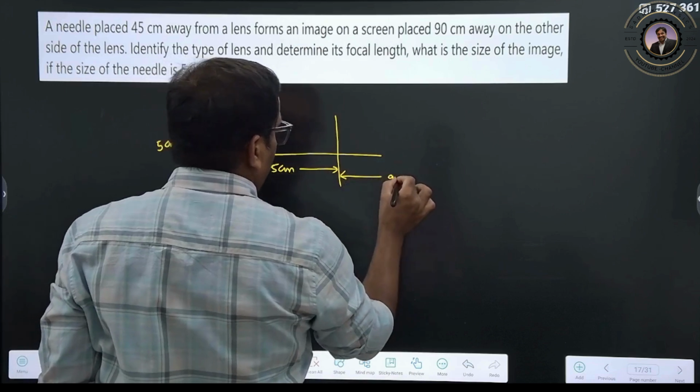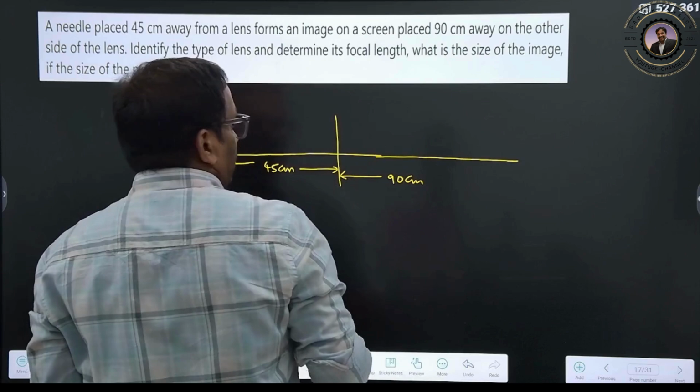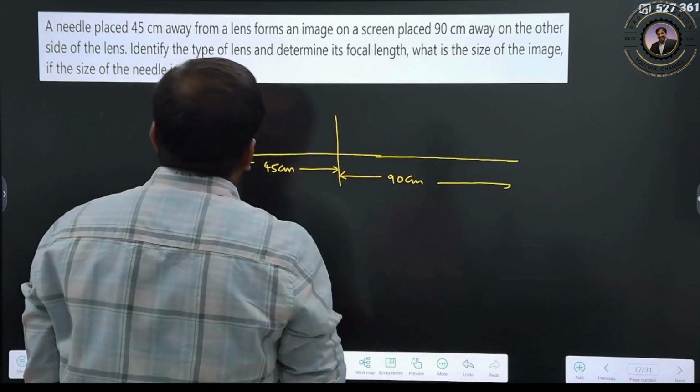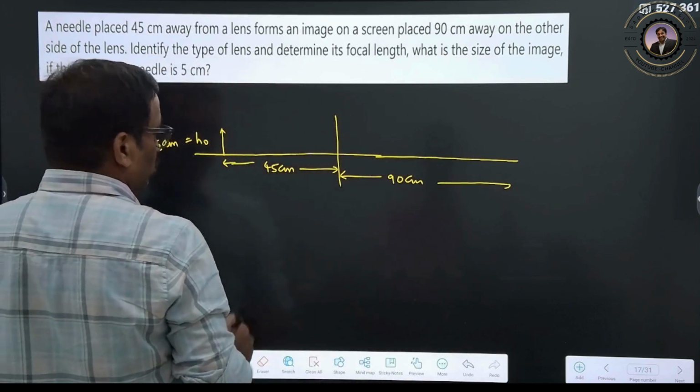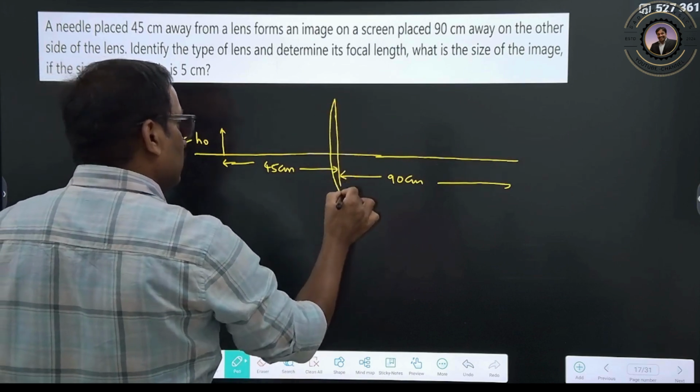The image is created on the other side of the lens. Definitely, when the image is created on this side, it compulsorily should be a convex lens.